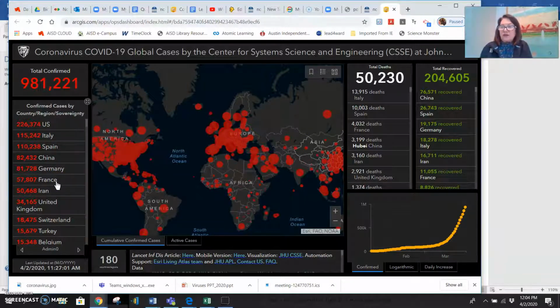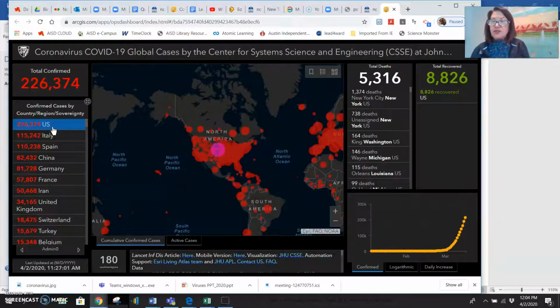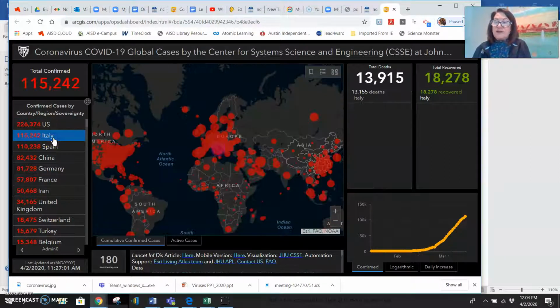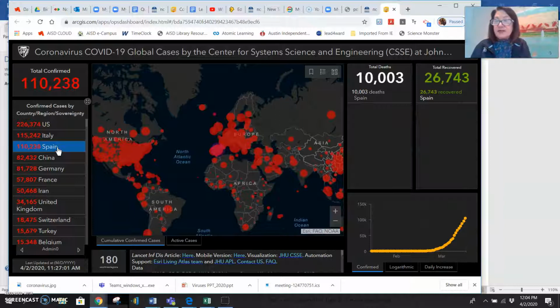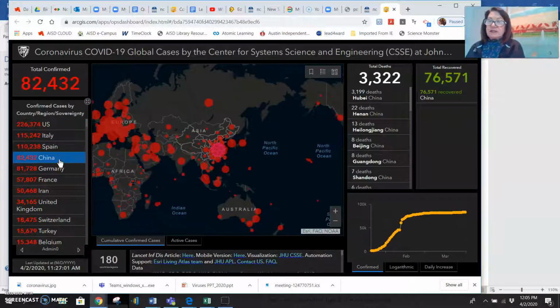If you look at this column here, you can see that the United States has 226,374 cases. Italy has 115,242 cases. Spain at the moment has 110,238, and China is at 82,432.